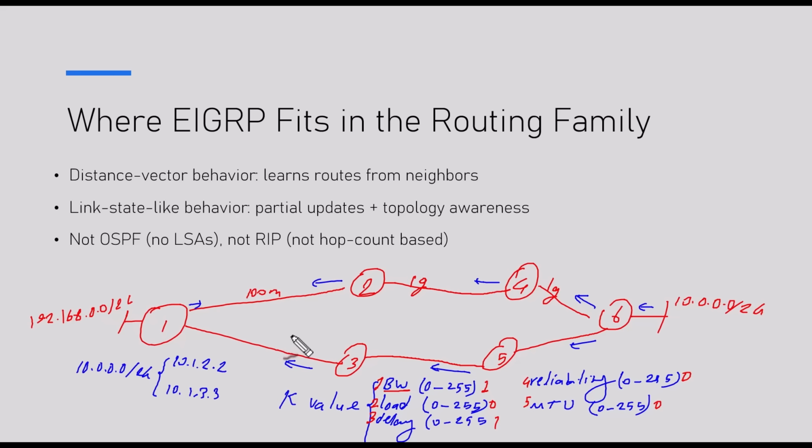Delay is cumulative. So if I have something like 2 milliseconds here, 3 milliseconds here, and 3 milliseconds here, then I'm just going to add them all up, and I'm just going to have something like 8 milliseconds of delay. So the lowest bandwidth through the link and a cumulative amount of delay is going to be used inside my formula. So that is how you're going to calculate the metric for your network.